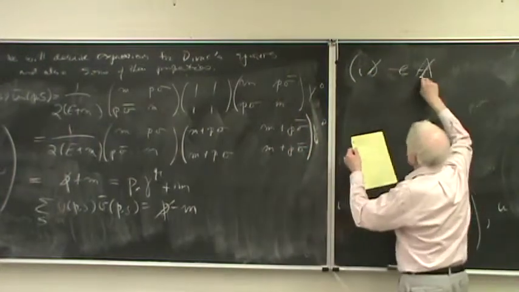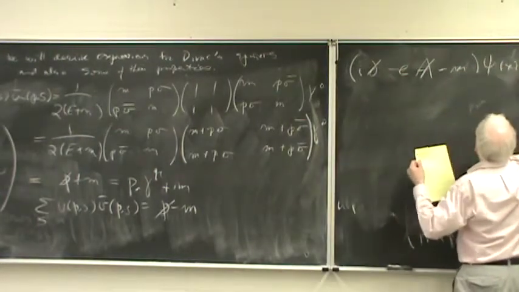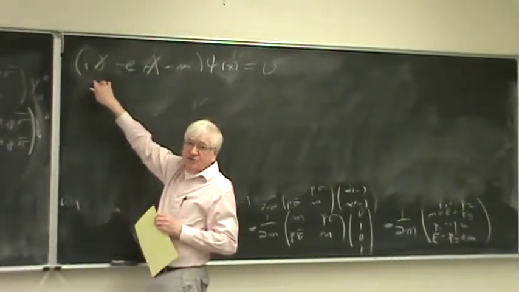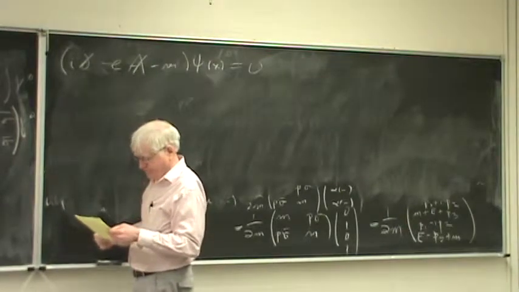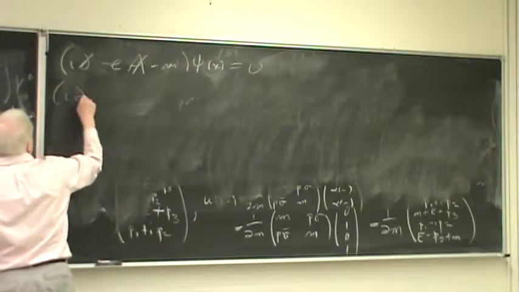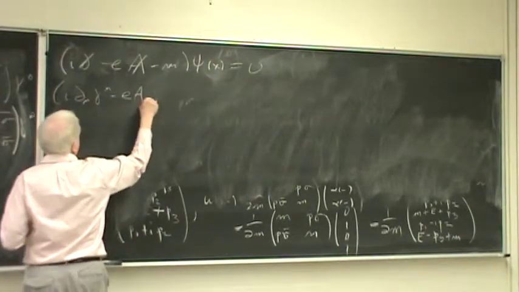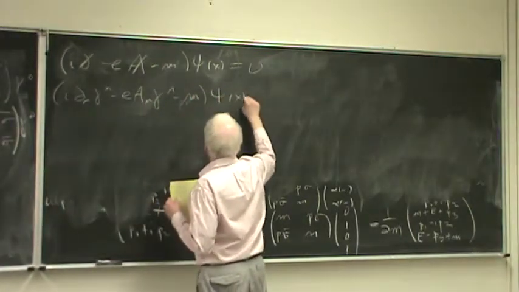With the electromagnetic field. Okay, so this is just i covariant derivative gamma mu minus m. In particular, this is (i ∂_mu gamma^mu minus e A_mu gamma^mu minus m) psi of x.